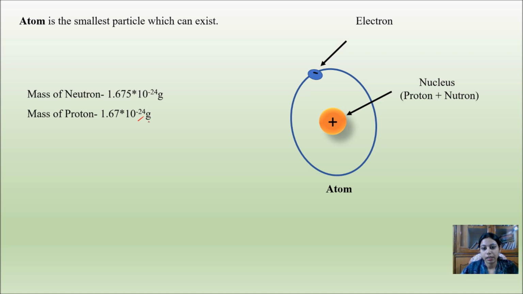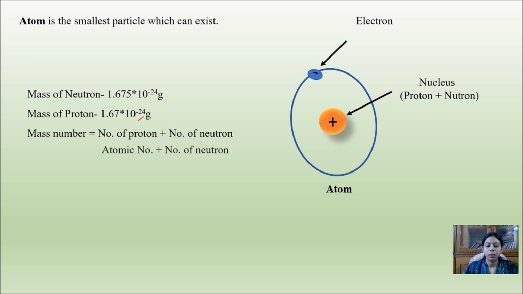All these things are well known to you, but as compared to neutrons and protons, the mass of the electron is almost negligible. So we consider protons and neutrons as the mass number of any atom, and we know that for an atom to be neutral, it should contain an equal number of protons and electrons.